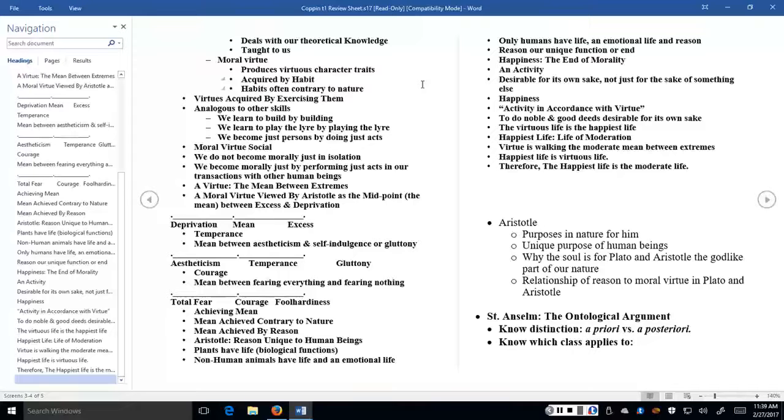All right. So, I go through this in more detail in that recorded lecture, but we saw that Aristotle claims that we don't have to have all these virtues at birth. Virtuous character traits can be developed by practice, just like skill at playing a musical instrument.